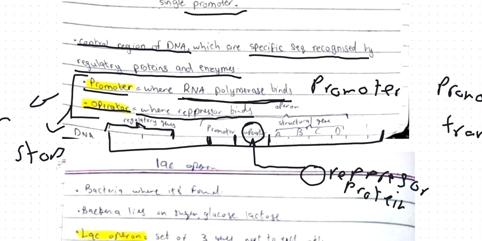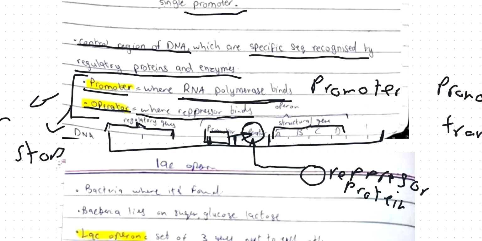And now RNA polymerase can bind to the promoter, but it cannot move forward because you have a repressor protein in front. Because of this, your transcription and translation would stop. So why am I explaining this? Because this will stop your structural genes from being coded.